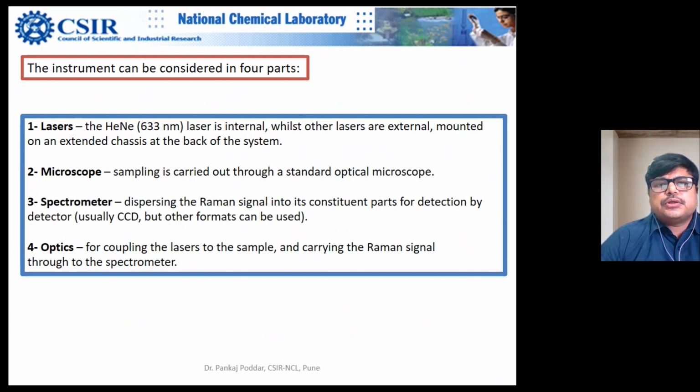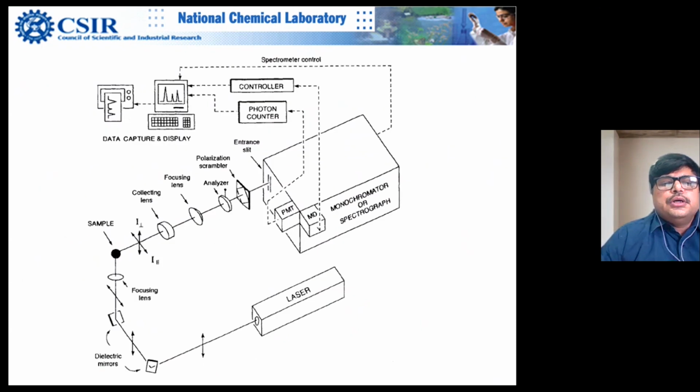Some companies prefer mirrors over lenses because of the chromatic aberration which lenses give. So reflection-based systems are preferred by some companies. For example, Renishaw uses lens-based systems, and even uses mirror-based systems. So this is the typical diagram.